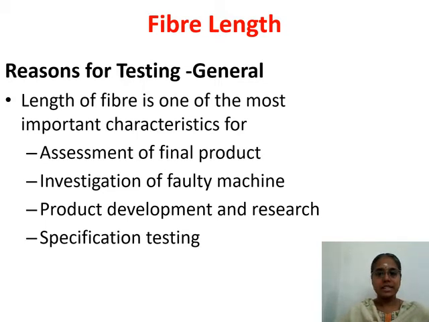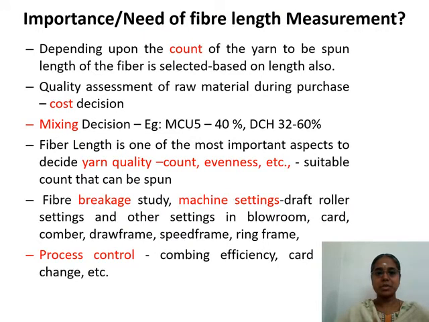In the next part, we'll see the specific reasons for fiber length measurement, or the importance of fiber length measurement. In a spinning mill, they decide whether to go for a finer count or a coarser count. Based on the market survey, they determine that they are going to spin this count of yarn in their mill.